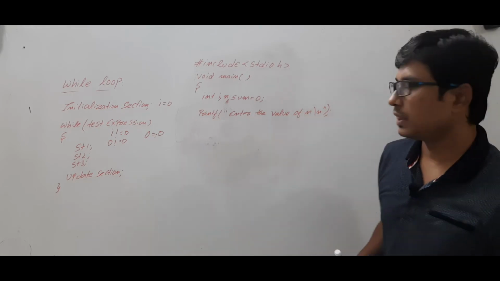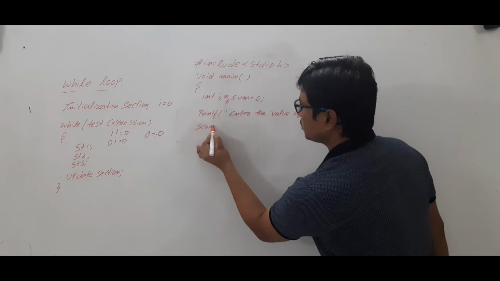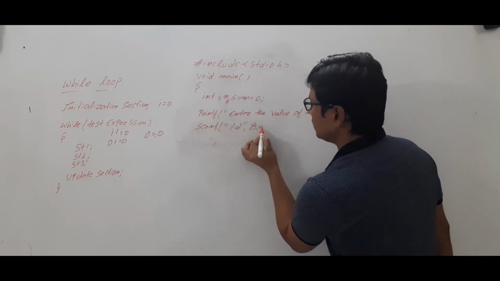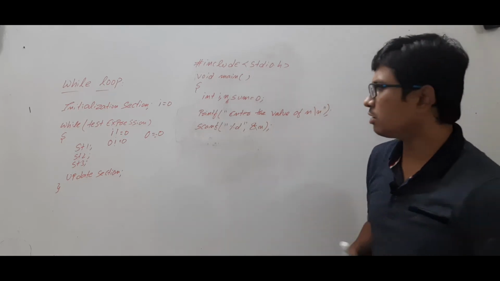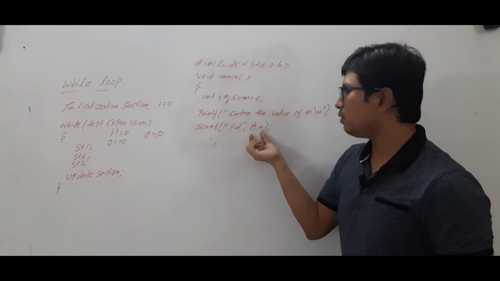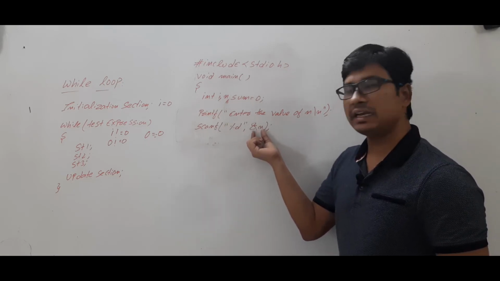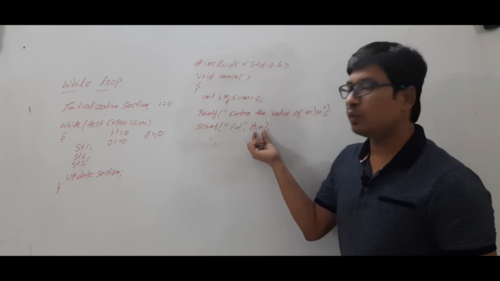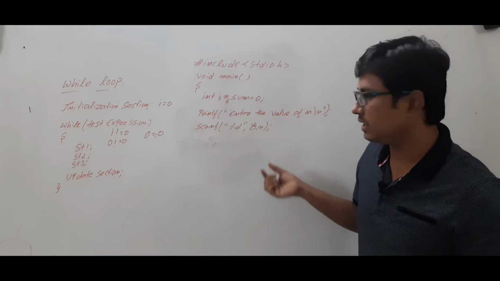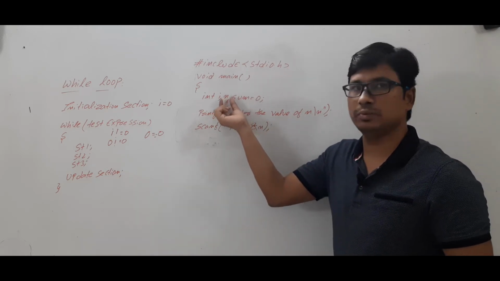Once the user has entered, you need to store it in the variable n, so you have to write %d, &n. Why am I writing the format specifier %d? Because it is an integer variable. And what is the representation of &n, ampersand n? It denotes that whatever value you have read, you want to store it in the address location of the variable n.